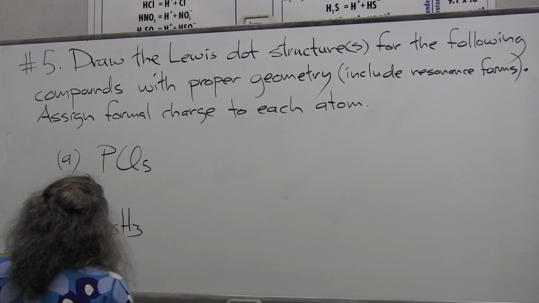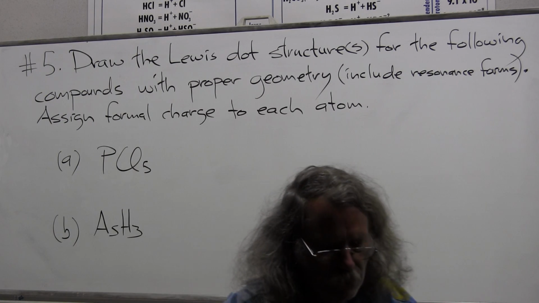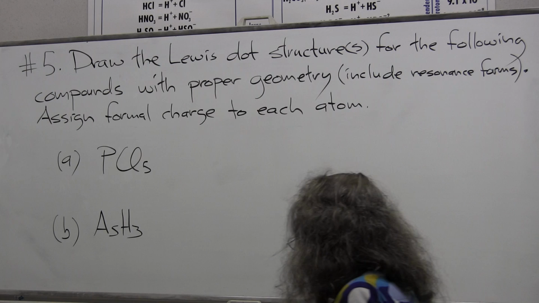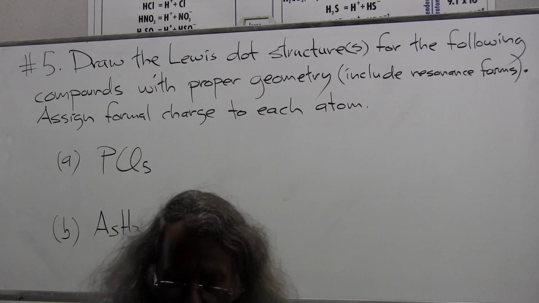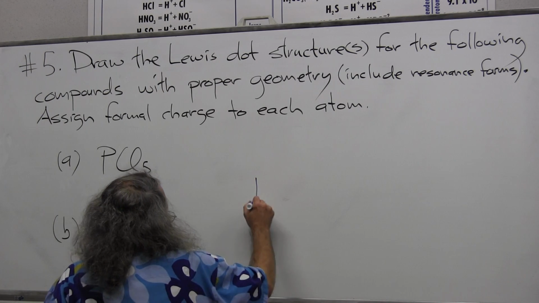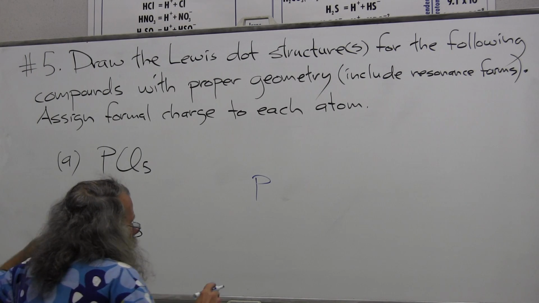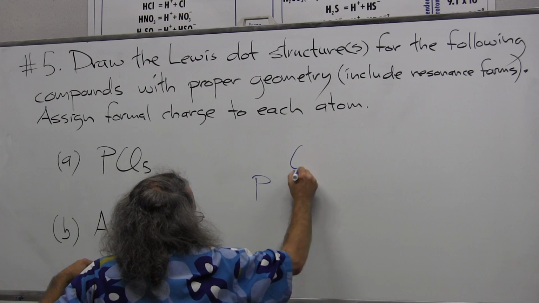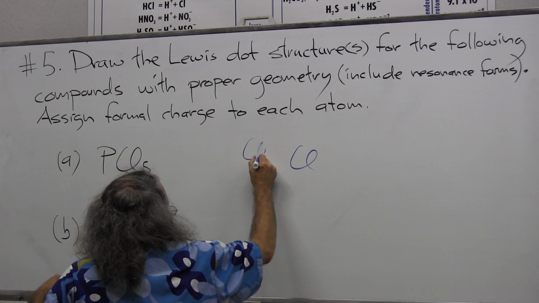So we start with phosphorus pentachloride, and the procedure which we always faithfully follow in sequence is that I start by placing the unique atom at the center, and then I surround it with the outer atoms.